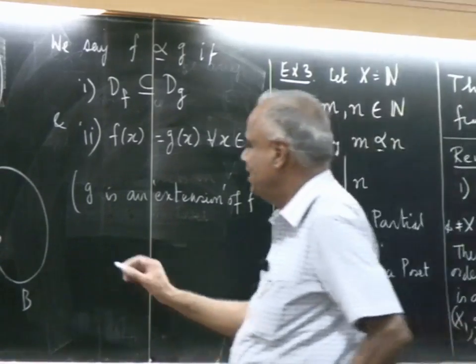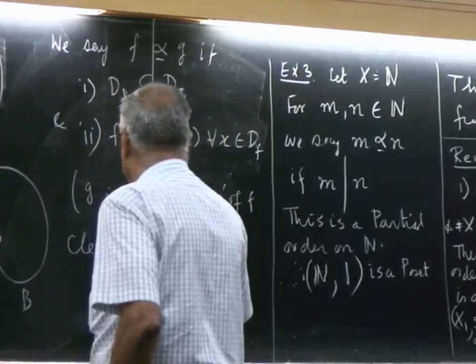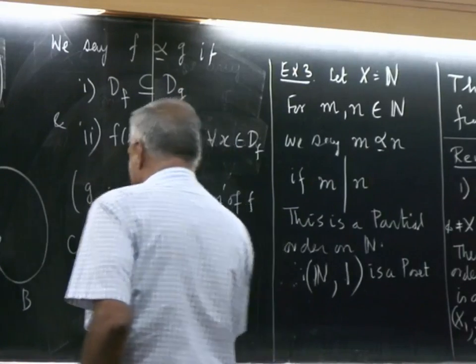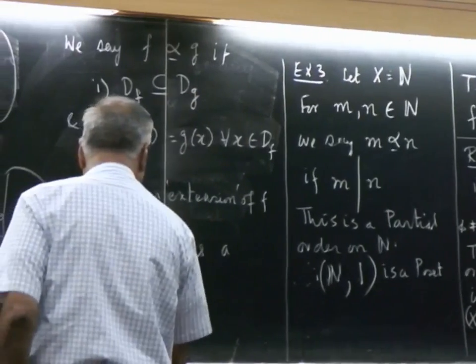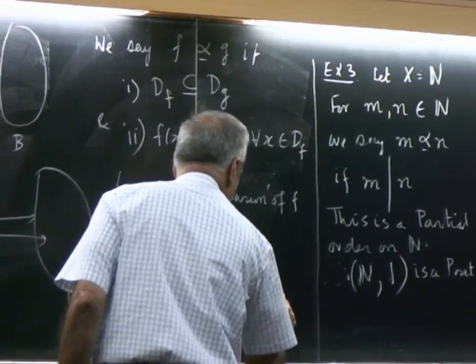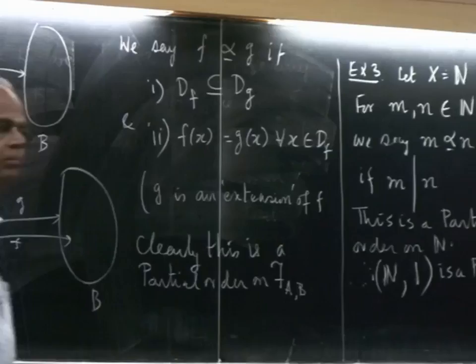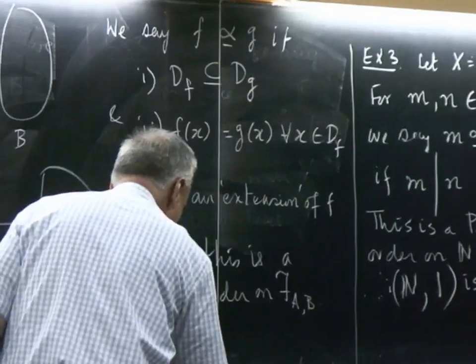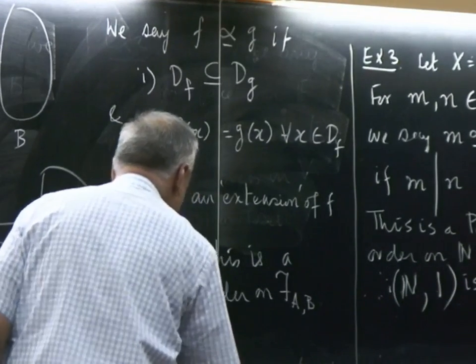So, clearly this is a partial order on F_AB, and with this partial order it is a poset.